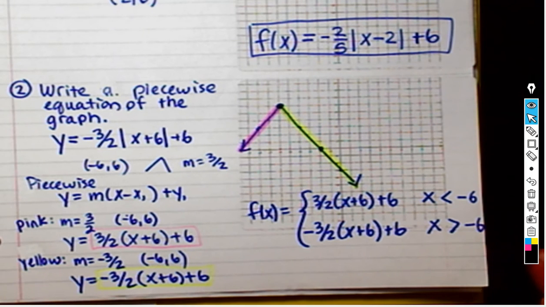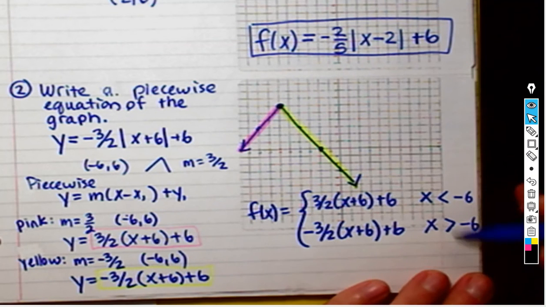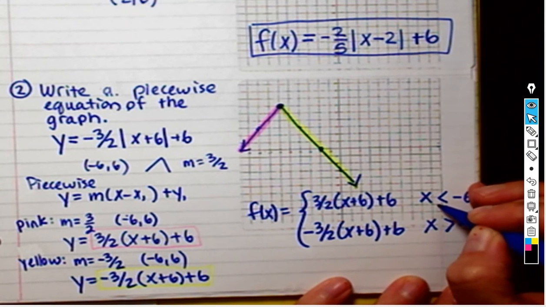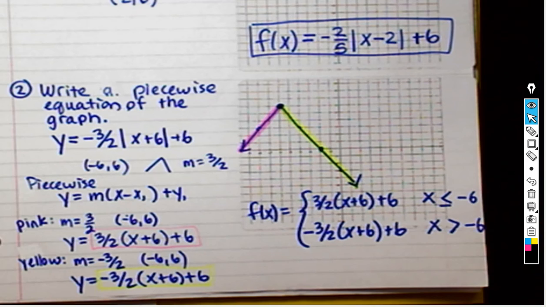Doesn't one have to be like greater than or equal to? That's okay. So notice that I didn't actually include -6 anywhere, mostly because you have to look at it and ask, is -6 pink or yellow? It can't be both. It's got to be one because you cannot repeat your x's. Now, you can put it with pink or yellow, but not both of them.